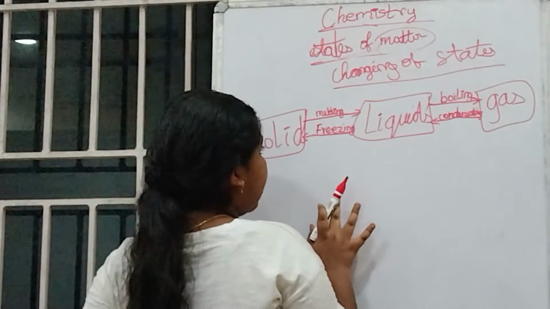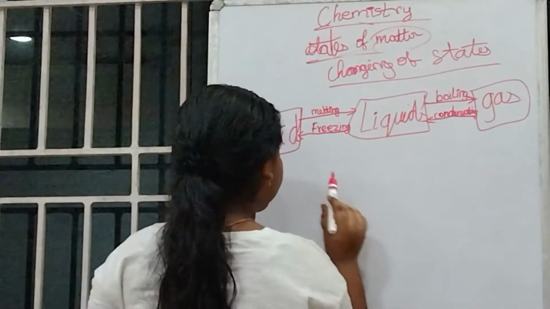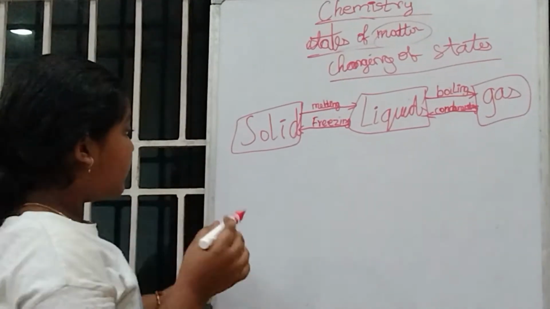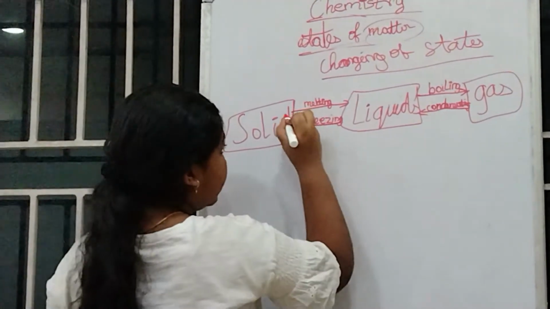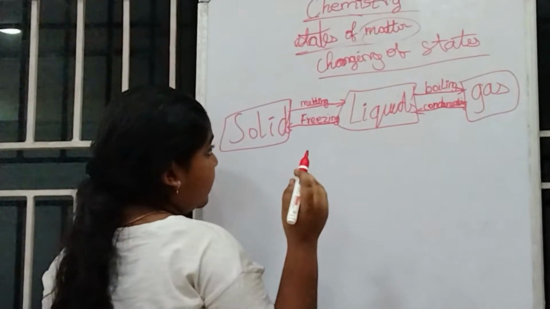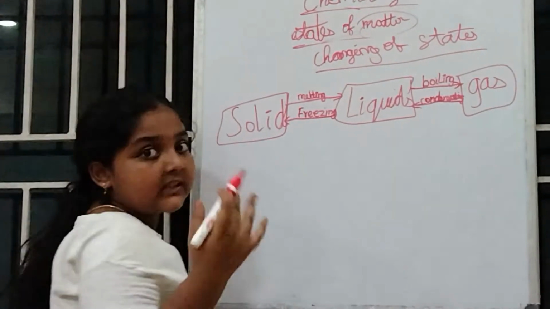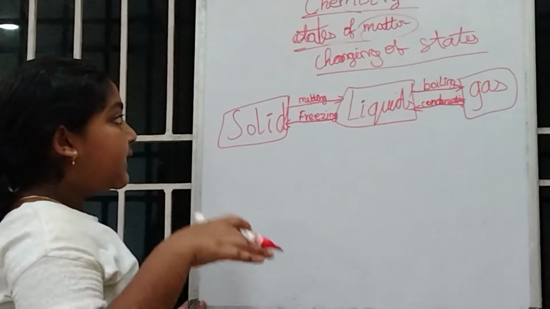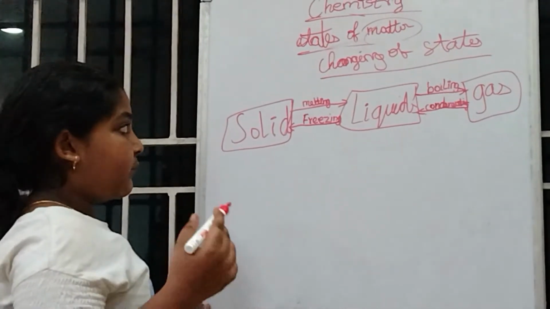I'll tell a small example. For example, milk. Sometimes milk will be frozen, and frozen milk will melt after some time because it's a liquid. It's the same as water.